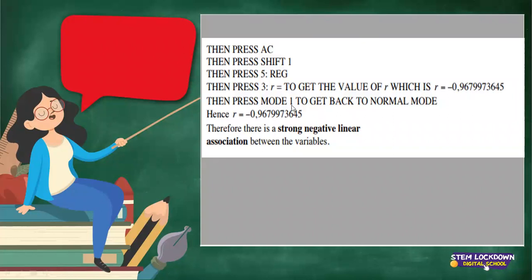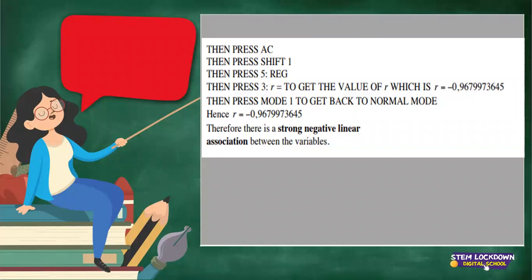And then looking at the value, a value very close to negative 1 implies that it is almost perfect. It is a very strong negative linear relationship because it's very close to 1.